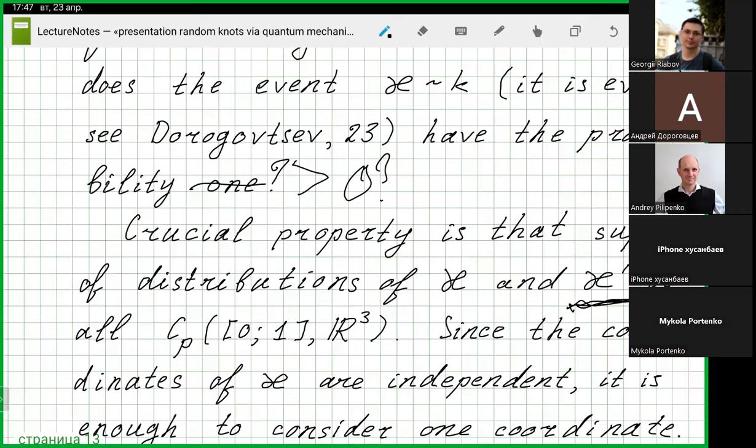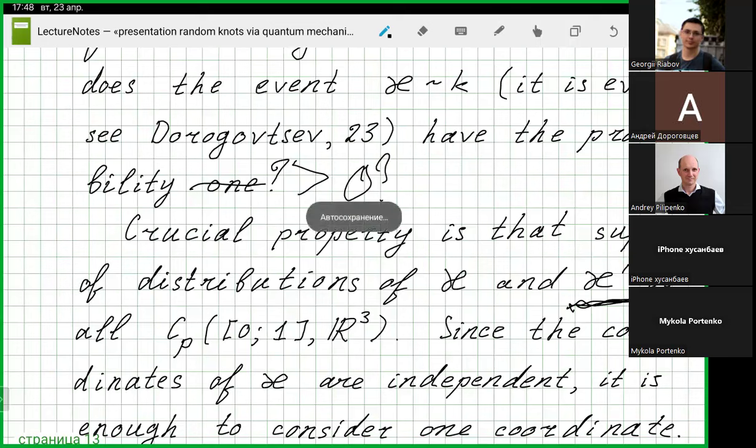This is not a good case for us. So to avoid this, we need to approximate not the deterministic function itself, but its second derivative. So this is the reason why I'm speaking now about the second derivative.